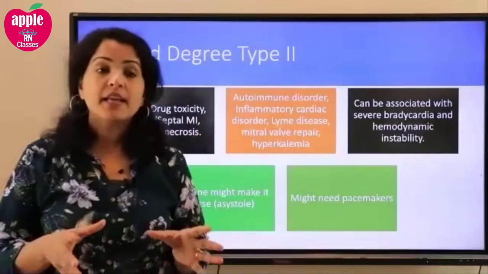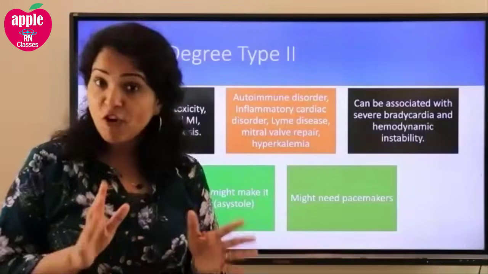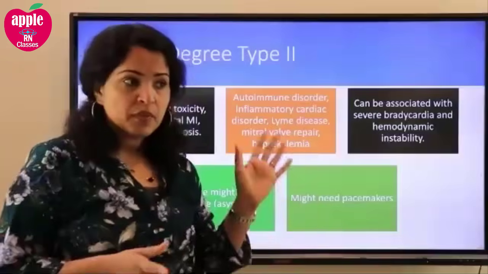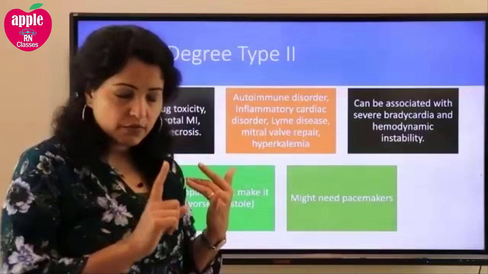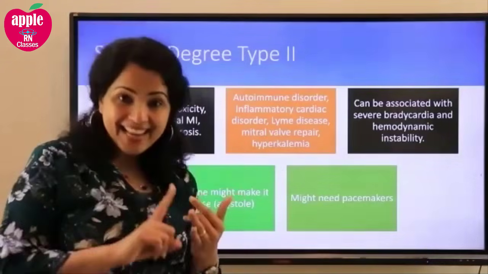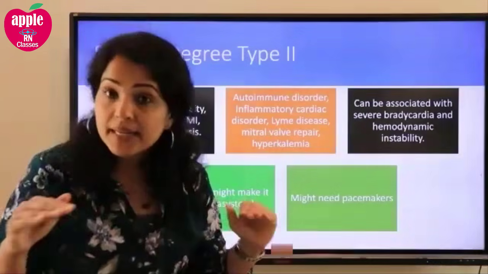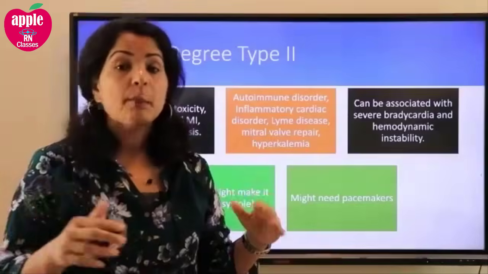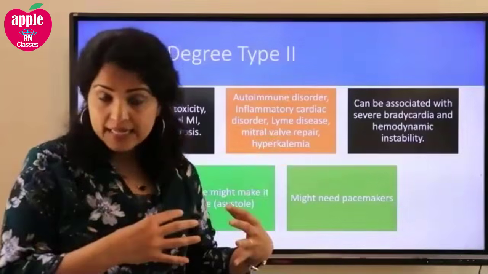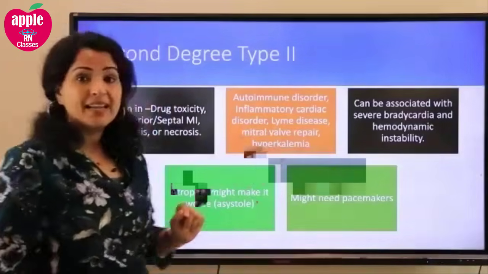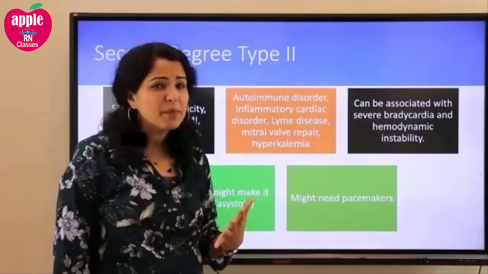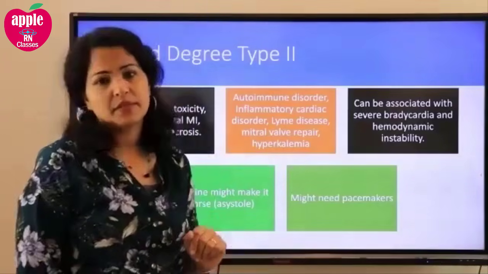Now, speaking of symptoms, remember first degree heart block and second degree heart block type 1 can be completely asymptomatic. But when it comes to second degree type 2, most of the time the patient will have some symptoms.